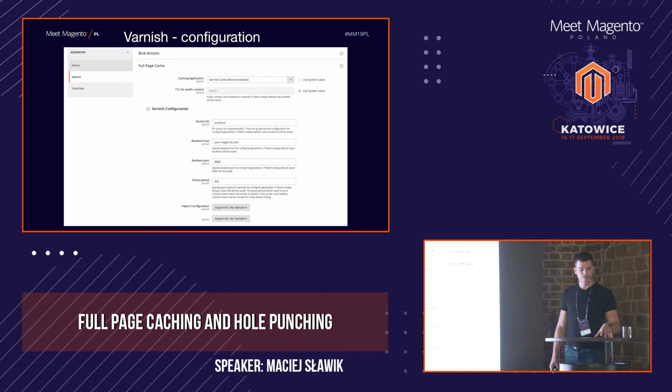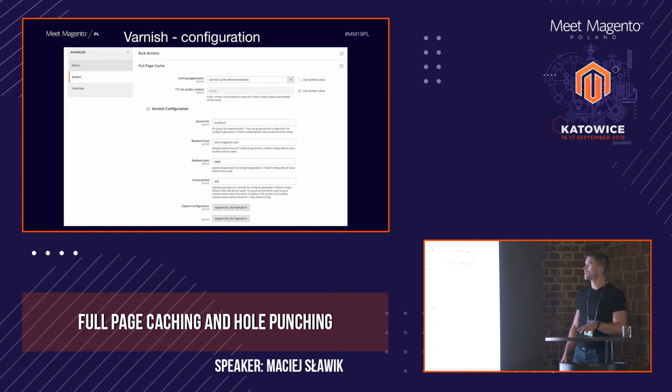The first field, access list, tells Varnish which hosts or IPs are allowed to purge the Varnish cache. Then, in the backend hosts, you have to put the IP addresses or hosts of the backends that Varnish will route the traffic to get the responses, and then you have to configure the port of the backend or backends.